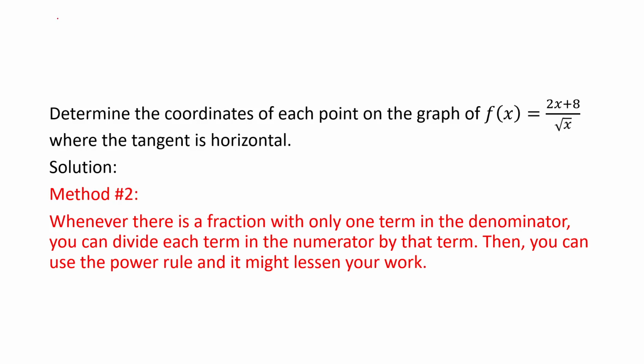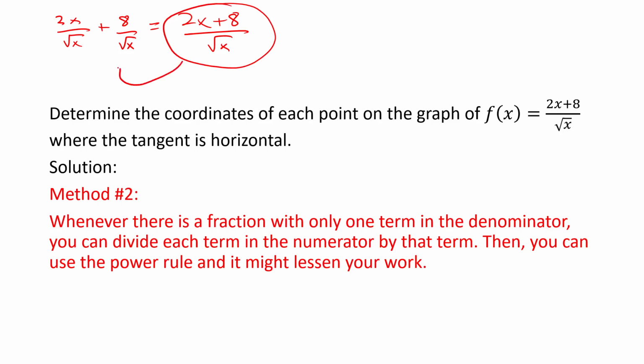So what that means is, when you see this expression, if I gave you 2x over root x plus 8 over root x, you'd instinctively say to me, well, sir, you can just call that 2x plus 8 over root x. And I'd say, of course, you're right. Well, I'm asking you now to go backwards. Split it apart.